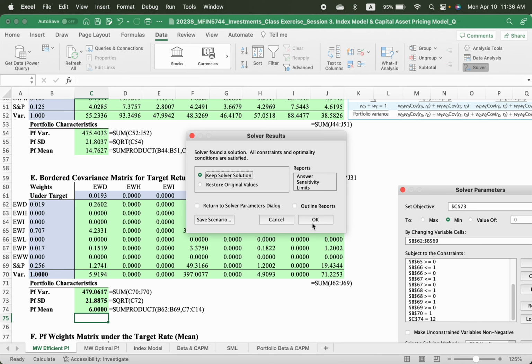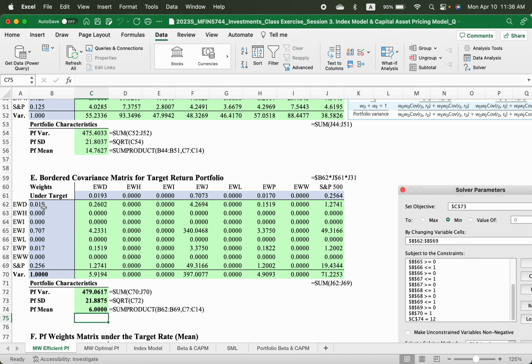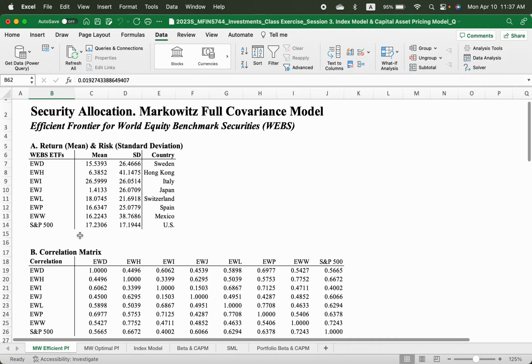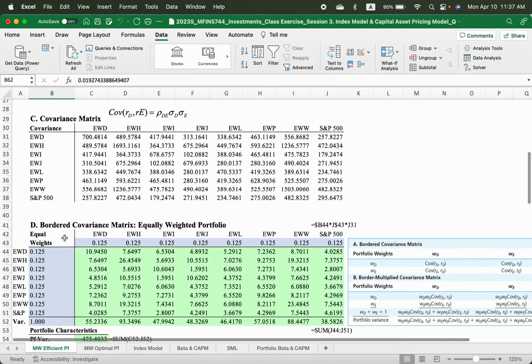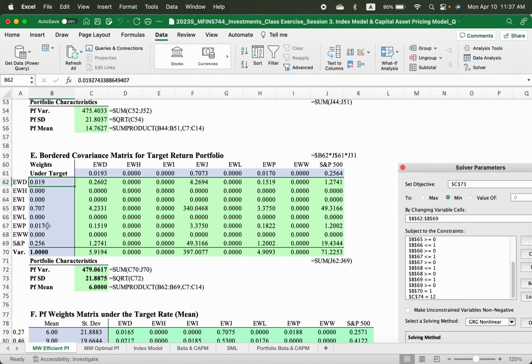Now we have this. Okay. Here 19%, or 1.9%, on Sweden, and 70% on Japan, and here what is P? Spain. On Spain, we will invest 1.7%, and the US 25.6%, where we can achieve the target rate of return of 6% with the standard deviation of 21%, right?